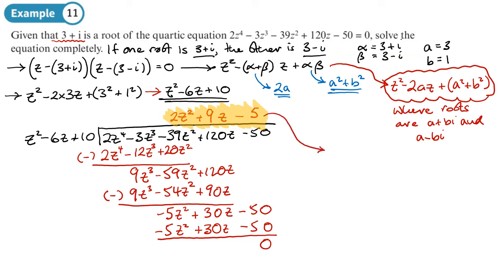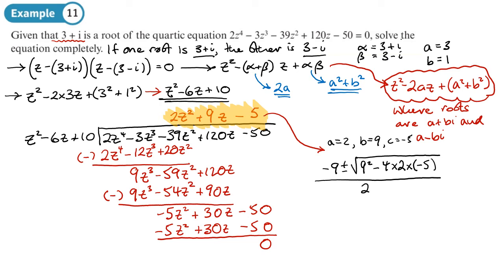Right, so let's use the quadratic formula with a equal to 2, b equal to 9, c equal to negative 5. So we have minus b, minus 9, plus or minus the square root of b squared minus 4 times a times c, all over 2a.